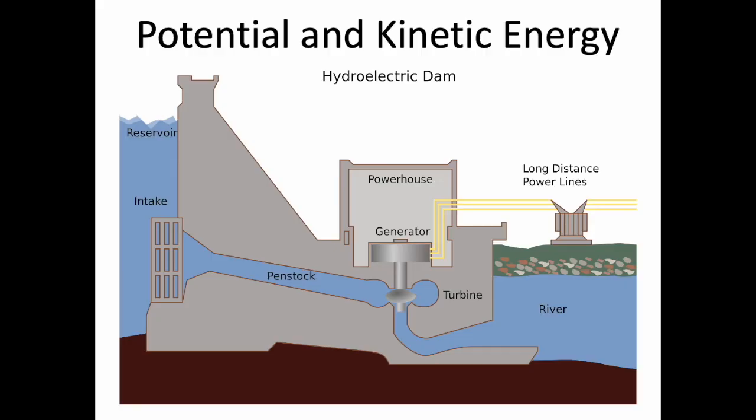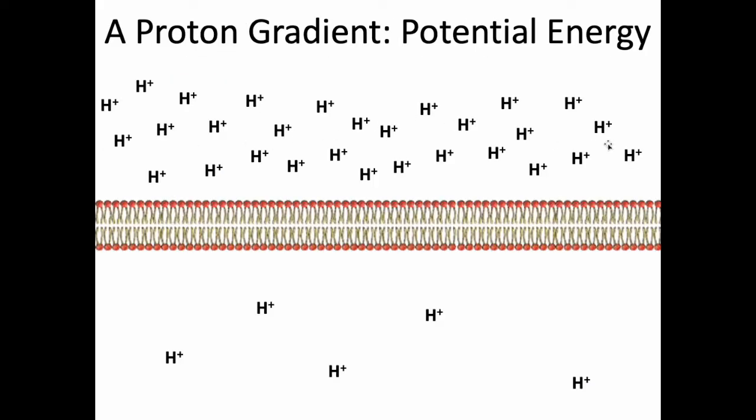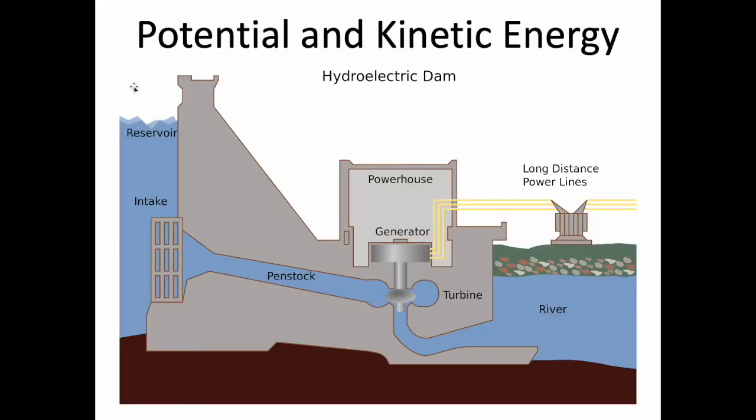So what we need is a way to convert this potential energy into some sort of usable energy. And just like the water flowing through the dam powers the spinning of a turbine, we're actually going to do a very similar thing in our cells using a protein.